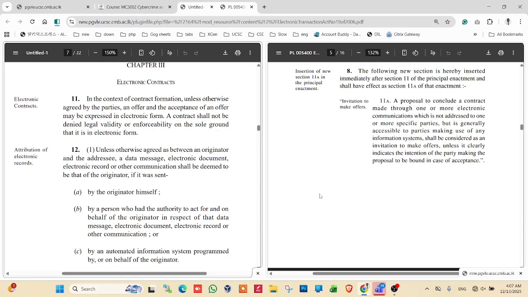For example, A says to B, give me 500,000 and I'll give you a laptop within 1 month. Is this a contract?